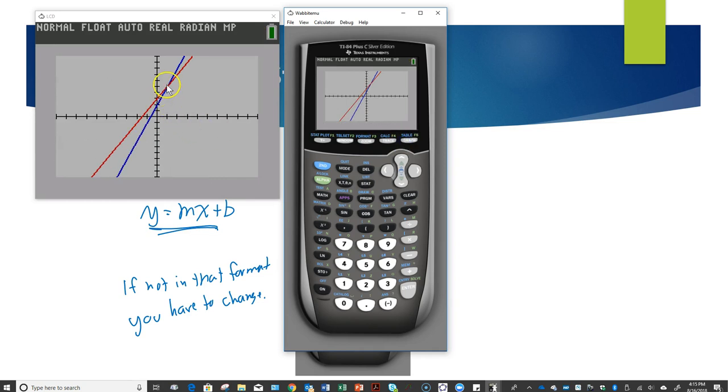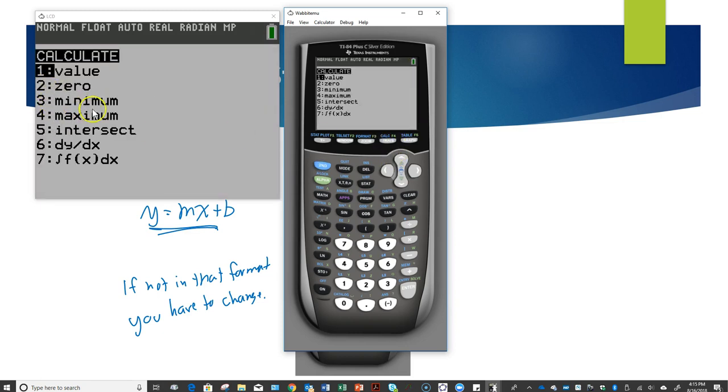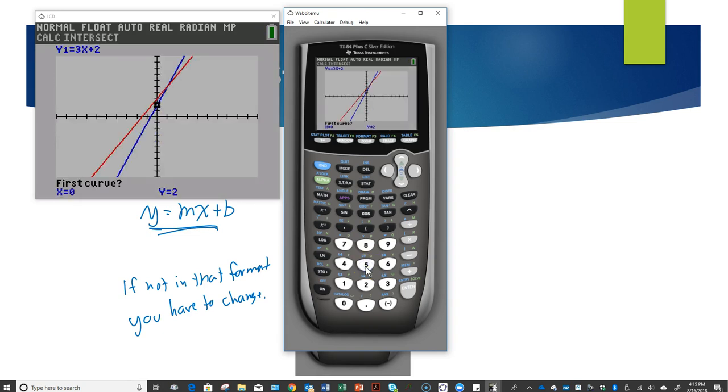Now I can see where the two lines intersect each other. So if I go to my calculator, go to the calc menu, you can see choice 5 is intersect, so I'm just going to hit 5. It's going to ask for the first curve. Since they're lines, it doesn't matter which curve is first, which one's second, and you certainly don't have to take a guess because if they're going to cross, they're only going to cross in one place.